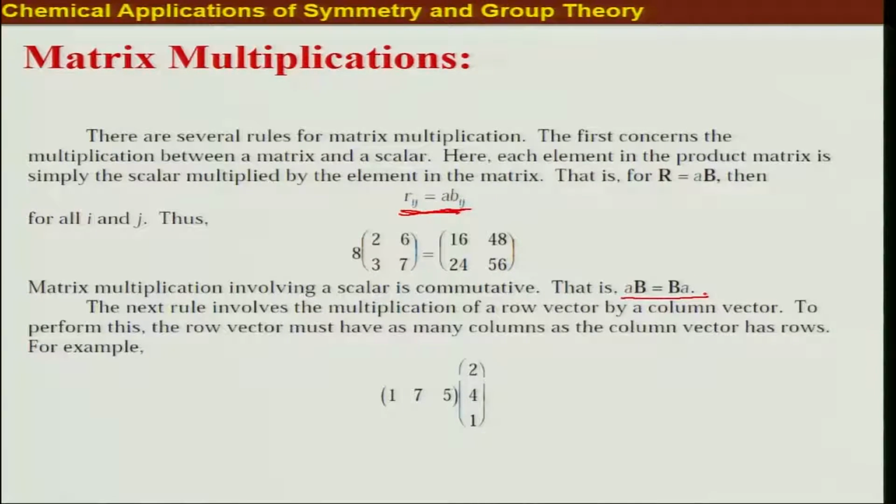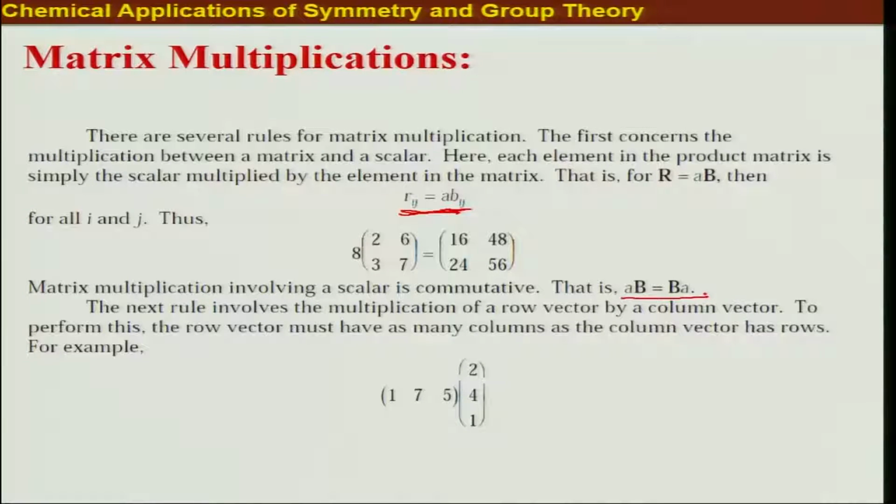Now the most important rule here is as follows. This rule involves the multiplication of a row vector by a column vector. To perform this, the row vector must have as many columns as the column vector has rows.